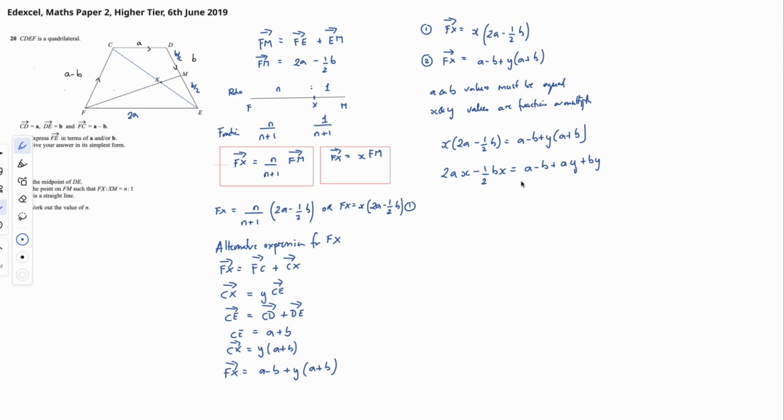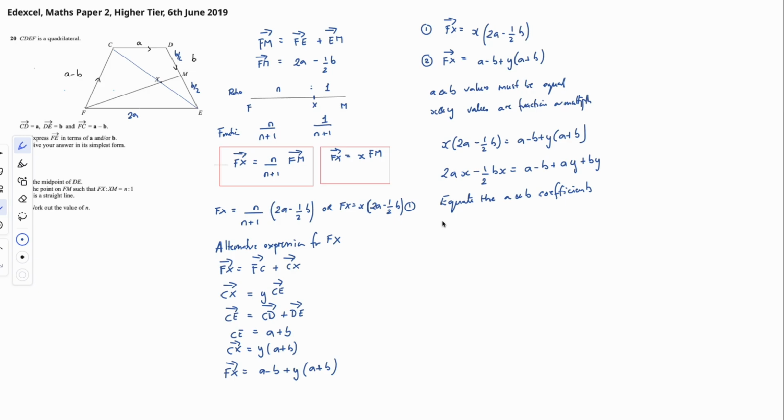Now the a's and the b's must equal one another. So this is the next step in thinking for this type of question, is equating. So we need to equate the a and b coefficients. These are just the numbers that sit in front of the a's or the b's.